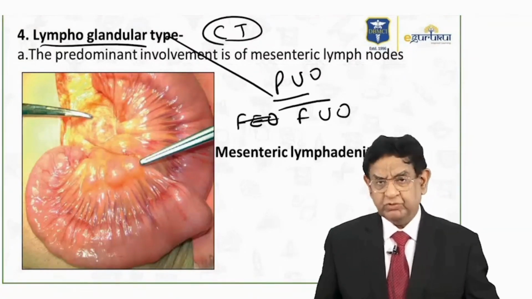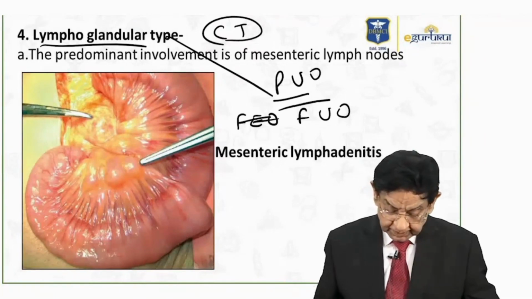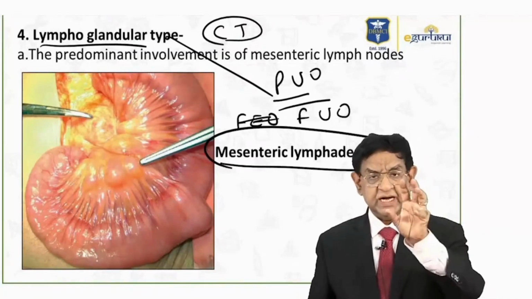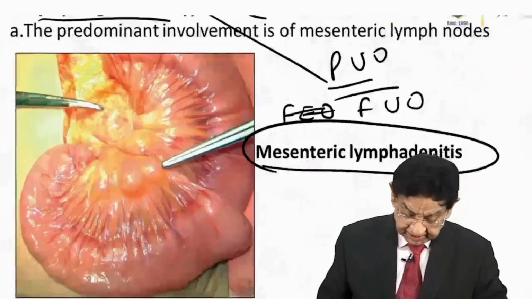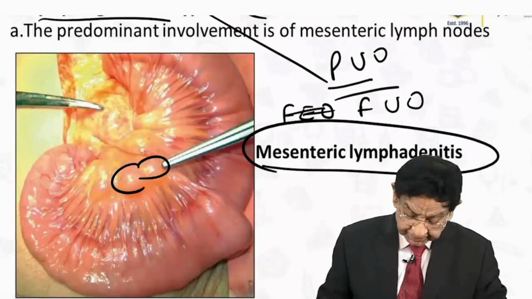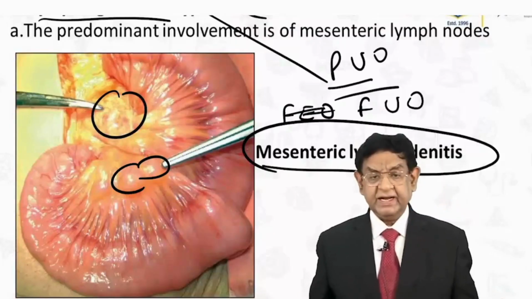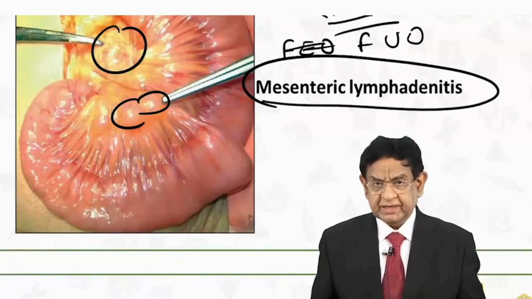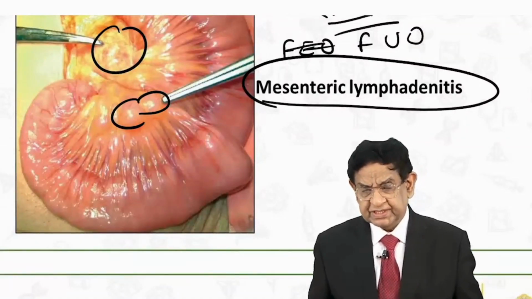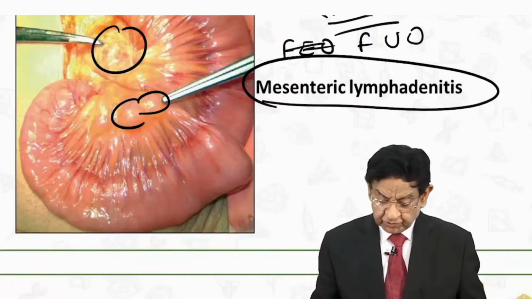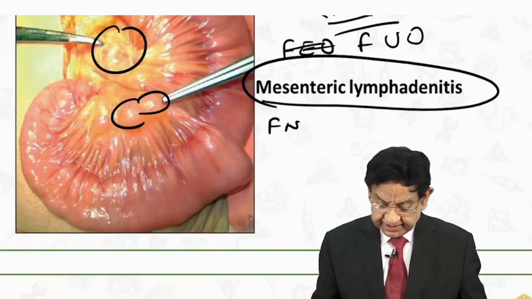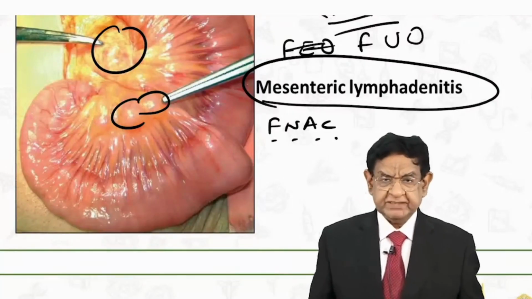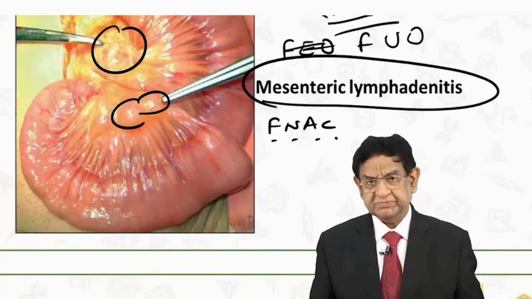Patient comes to us, then you go for CT abdomen and you can find mesenteric lymph nodes are enlarged. If you are getting a mesenteric lymphadenopathy, one of the strong differential diagnoses for this condition is tuberculosis. Of course, you can confirm by FNAC, fine needle aspiration cytology, that we can do in this patient to confirm it.